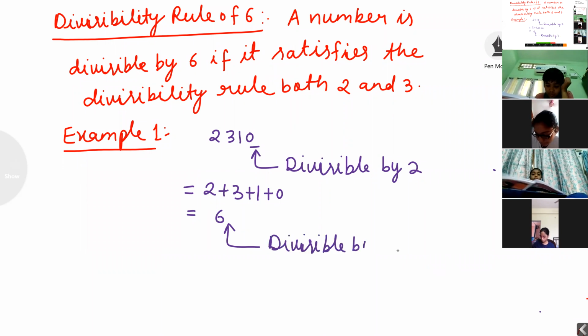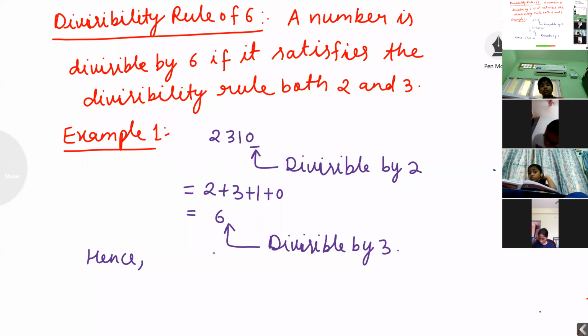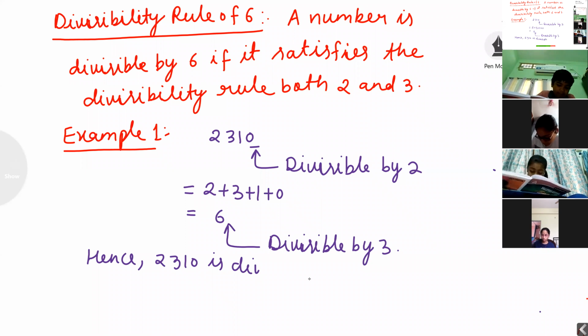Then we can say, hence, 2310 is divisible by 6.